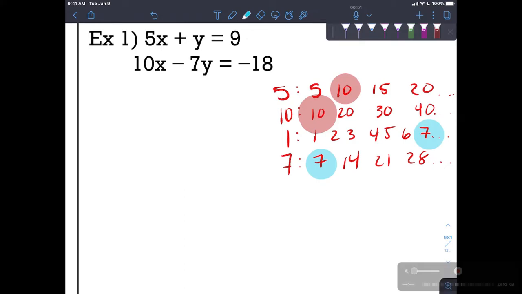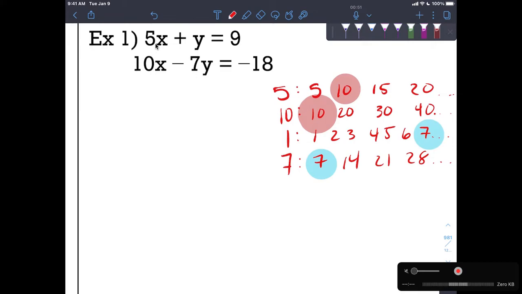I would rather multiply by a 2 than a 7, because I don't want to start creating all these gigantic numbers. So I'm going to go ahead and I'm going to multiply by 2. Now, that's what I was saying when I say compare the numbers, okay? So I'm not going to do this for every problem, but this is the thought process behind it.